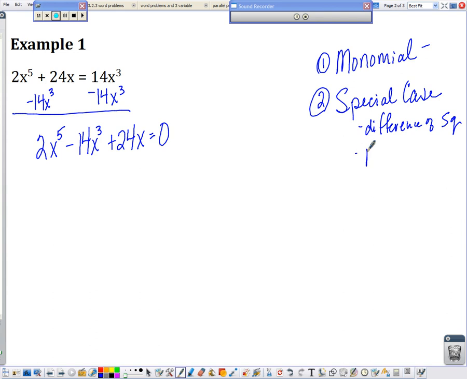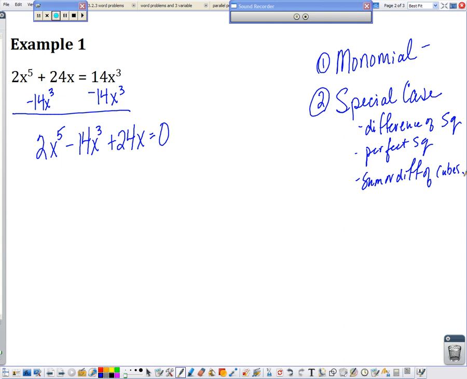Do you have a perfect square? Or do you have a sum or difference of cubes, like the ones we talked about in video 2?